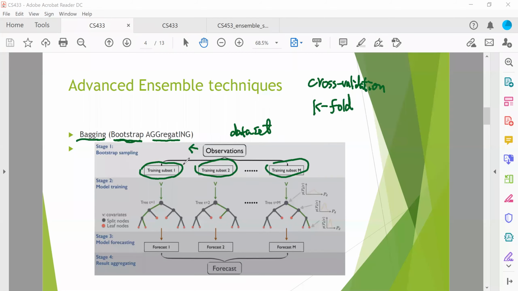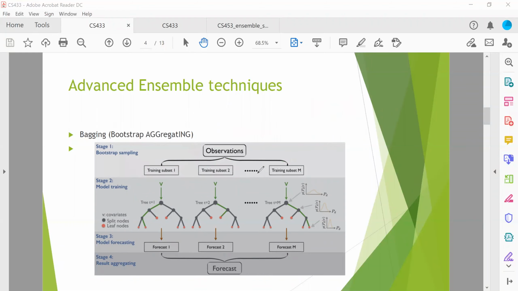You divide the data set into different training subsets, and for each one you use either the same model or different models to train, and then you do prediction. With the predicted results, we aggregate them together. How do we aggregate? You can use majority voting. So that's the idea.